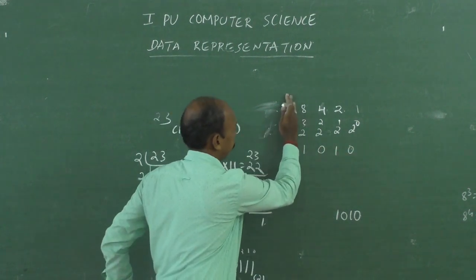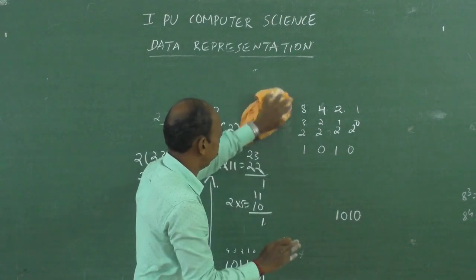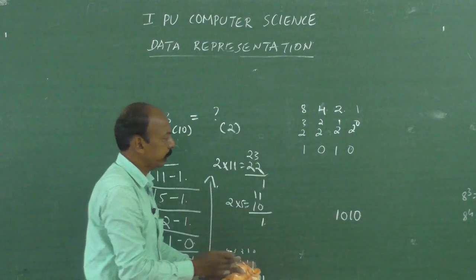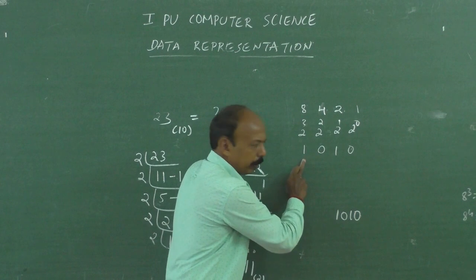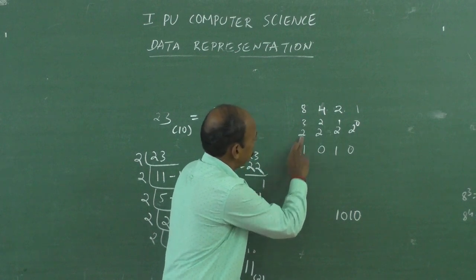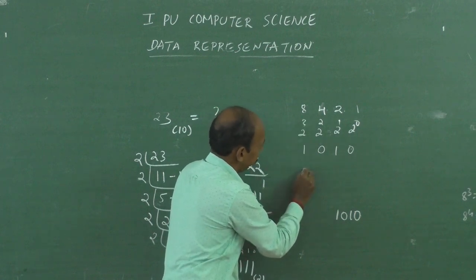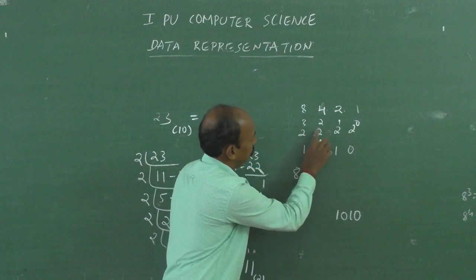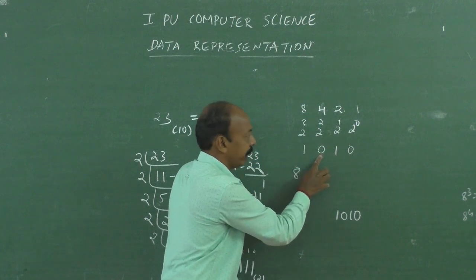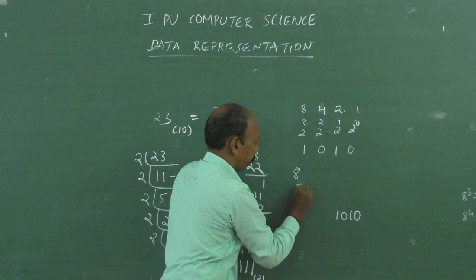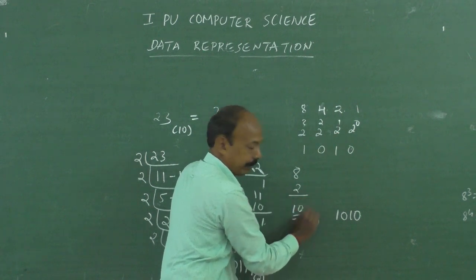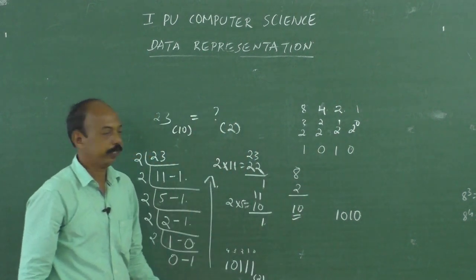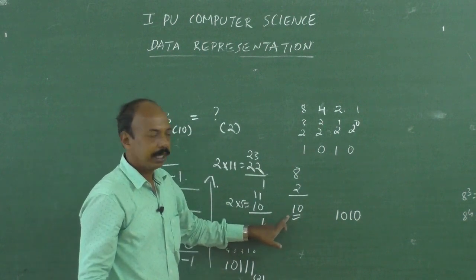Anyhow, this position is not there. So what will be its value? 2 to the power 3, that is 8. This one has to be written 8. 2 to the power 2, 0, right? Just leave that. 2 to the power 1 is 2. So this will be 10. Just to verify it. Of course, this value we didn't get.